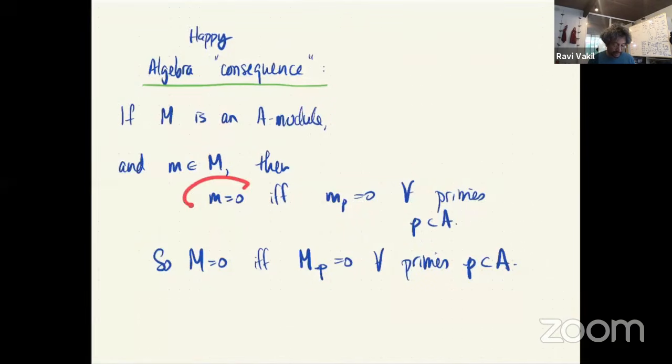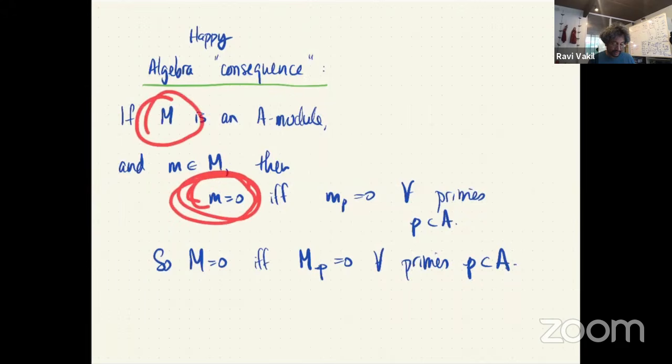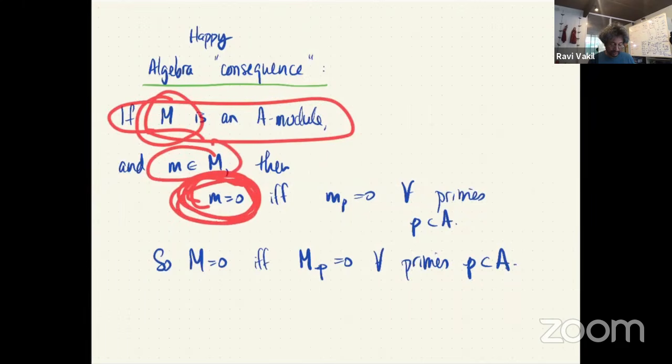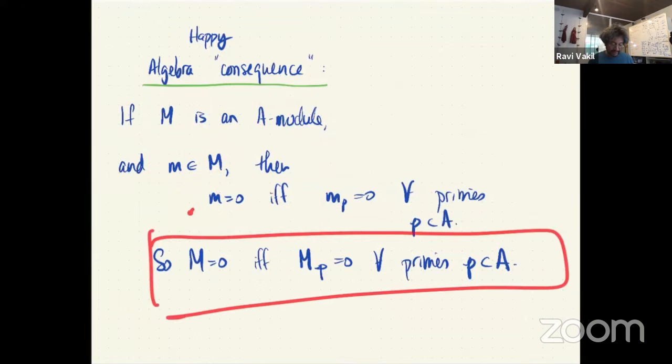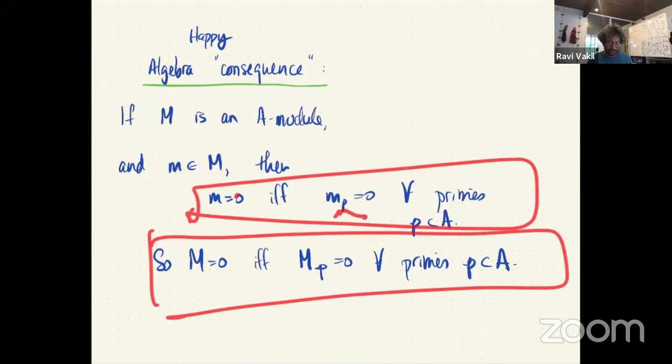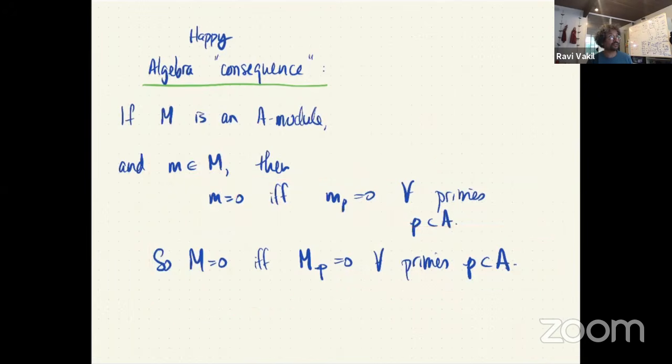So for example, if M is an A module, an element of M is a global section of M twiddle. And how do we know whether something is zero? That should be true if and only if all the stalks are zero. So now we have a purely algebraic statement that an element of a module is zero if it is zero once localized to every single prime.